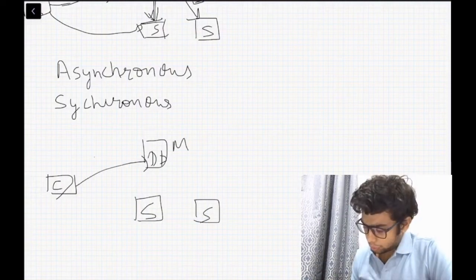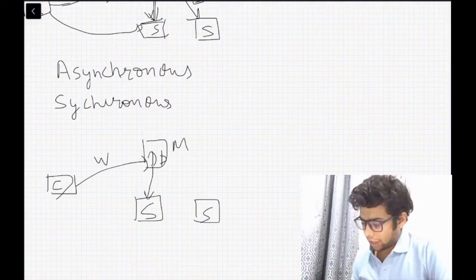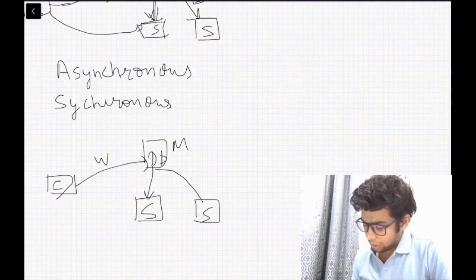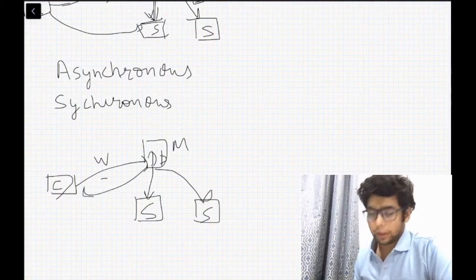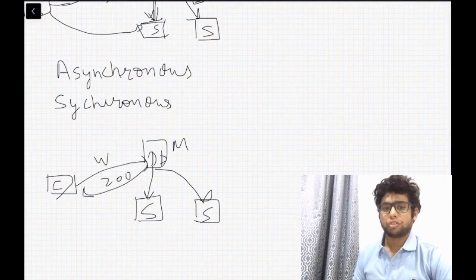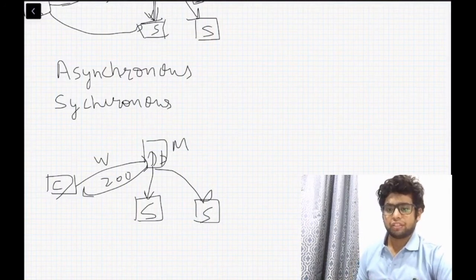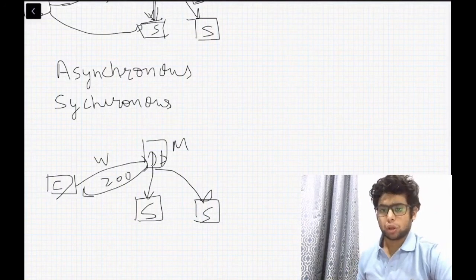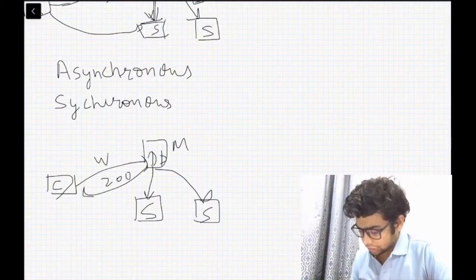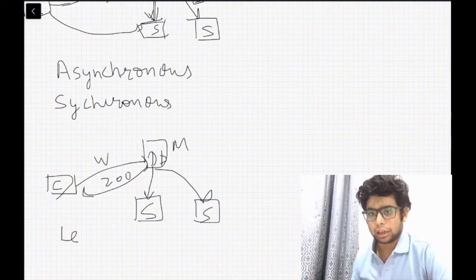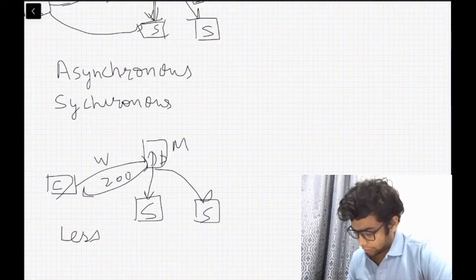It first does the write to this slave and then to this slave, and only then we get a 200 okay. So this kind of technique in replication is slower compared to asynchronous, and the performance is bad, so less performance.